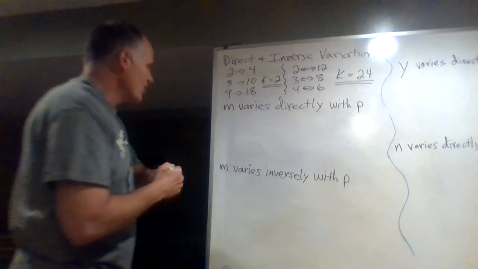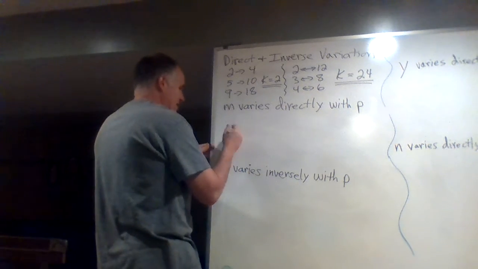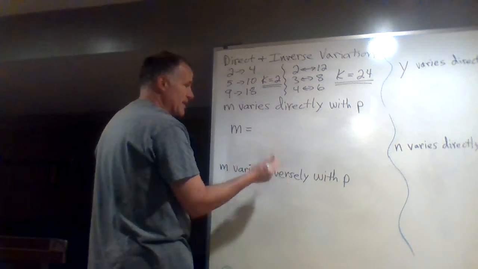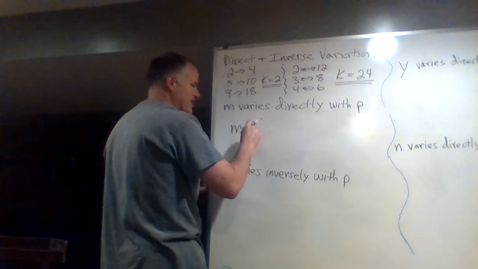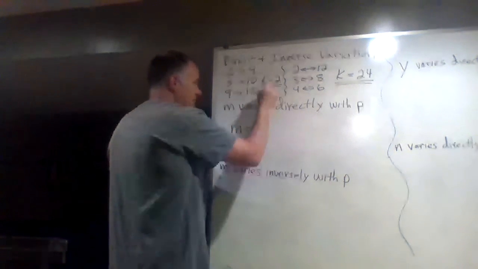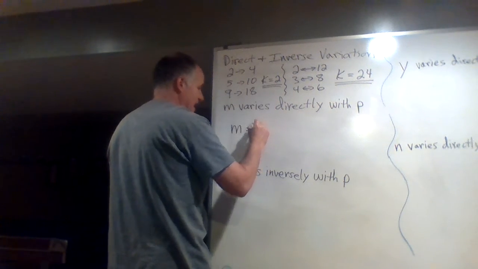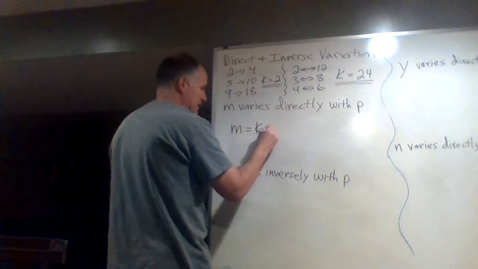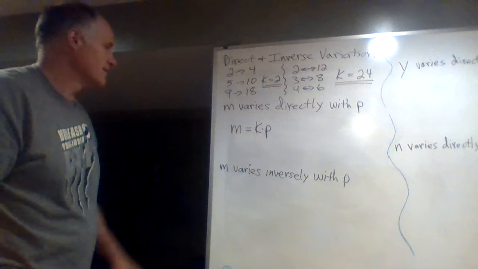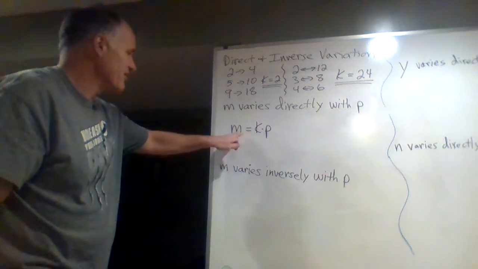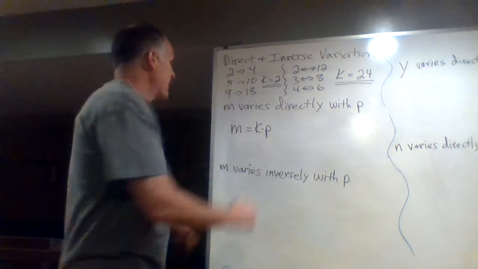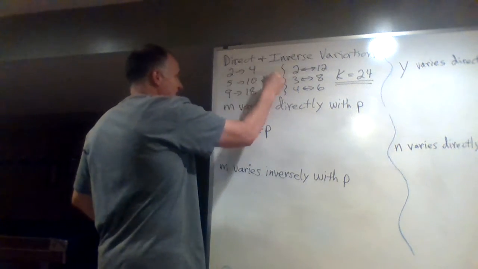Okay? So we're saying that M varies directly with P. Okay, and guys, all that means then is P is going to be multiplied by this K number. So K times P, that is the direct variation. M is varying directly with P, and because of direct variation, it's going to go up by that K number.